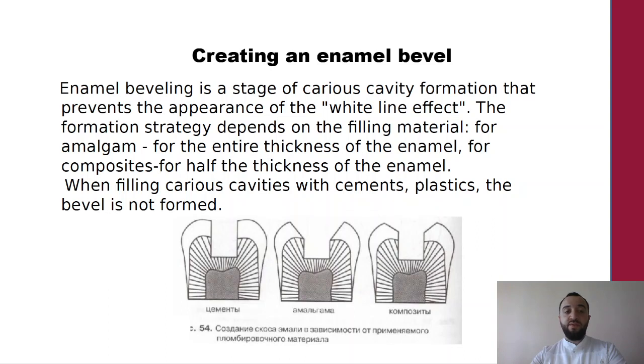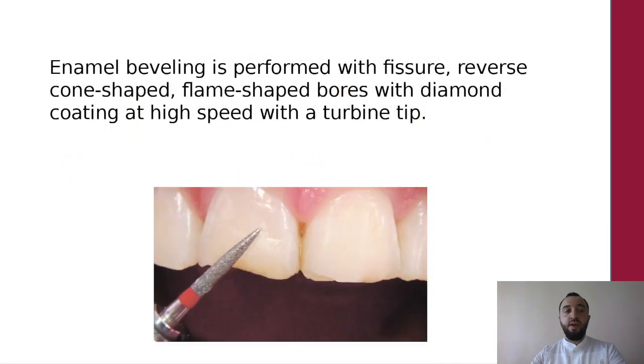For amalgam, the bevel is for the entire thickness of the enamel. For composites, for half the thickness of the enamel. When filling carious cavities with cement plastics, the bevel is not formed. Enamel beveling is performed with fissure, reverse cone-shaped, flame-shaped burs with diamond coating at high speed with a turbine tip.